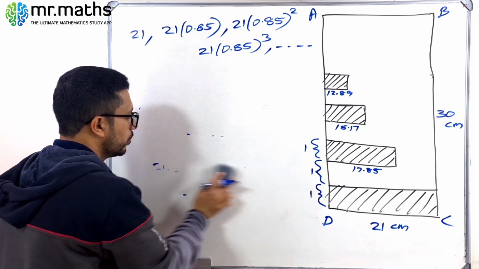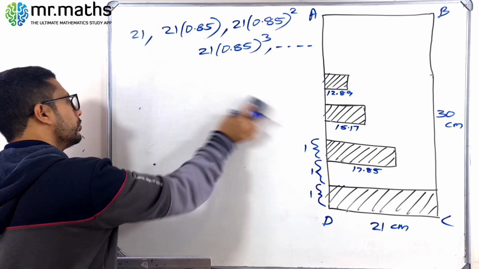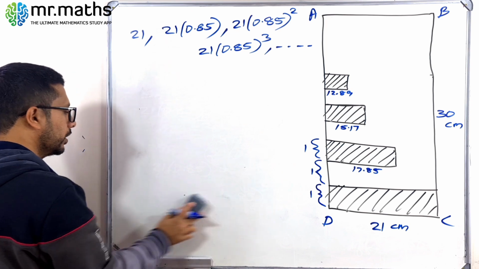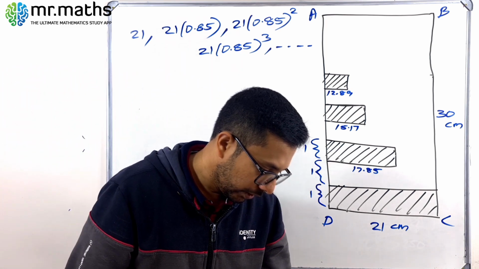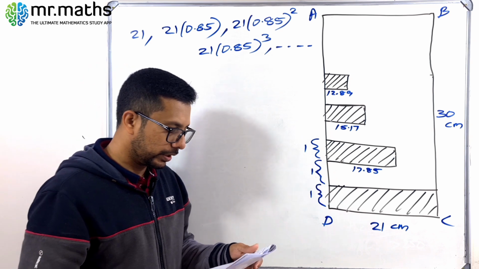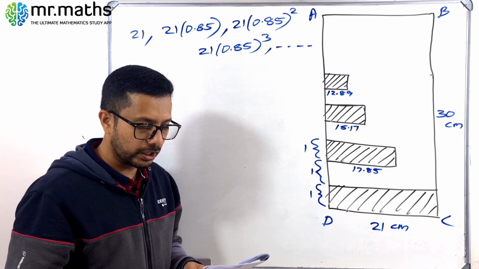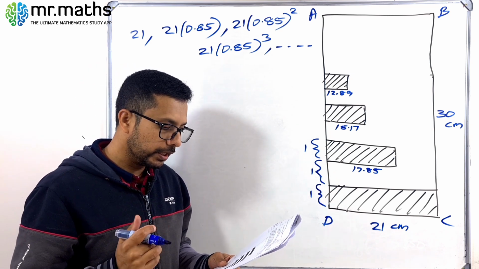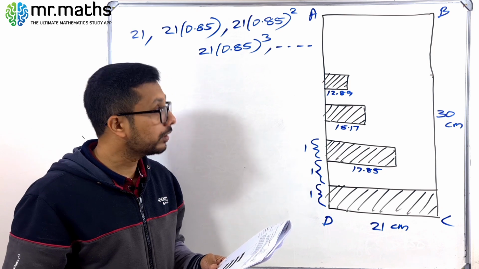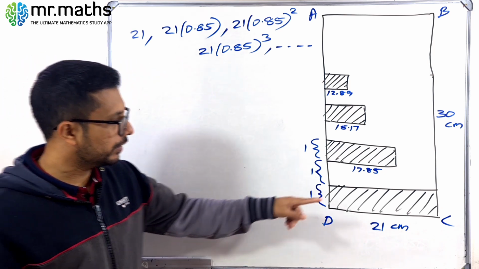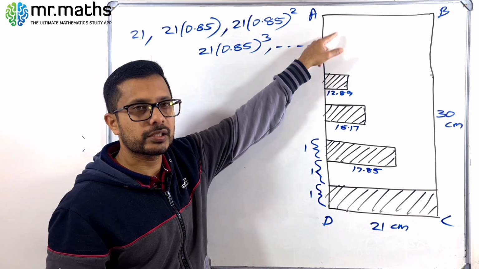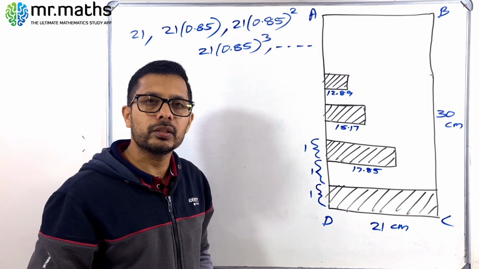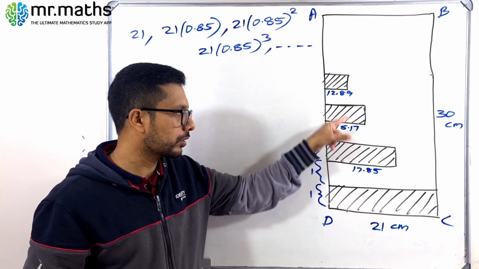Now what is our question? What we have to find, that is what we want to check first. Drawn along the entire length of AD, each rectangle is colored gray. Calculate the length of the 10th rectangle. So when it is like this, first rectangle, second rectangle, third one, fourth one, and so on, there are 15 rectangles, don't forget that.